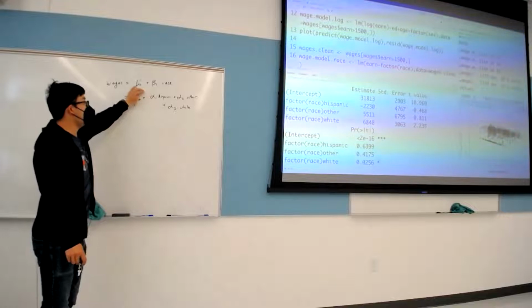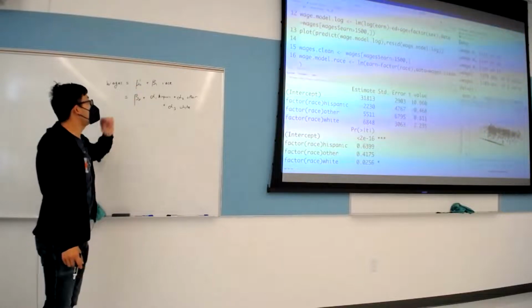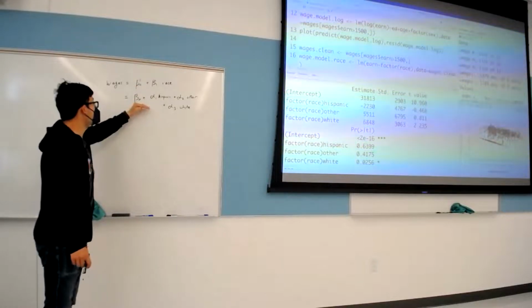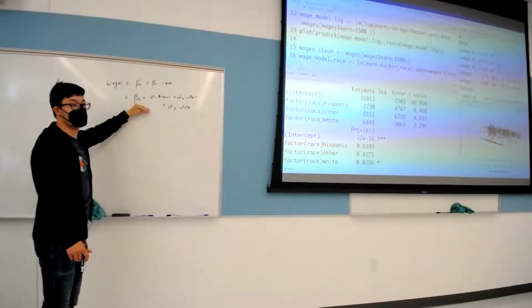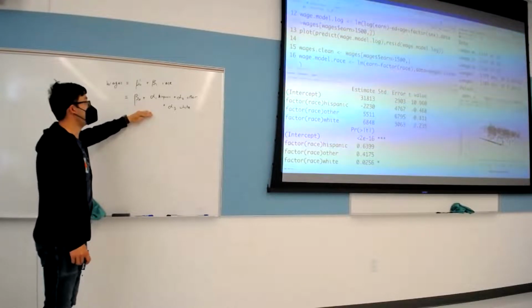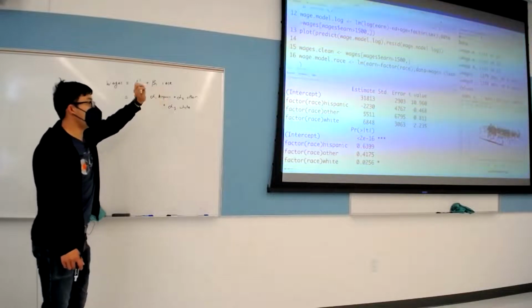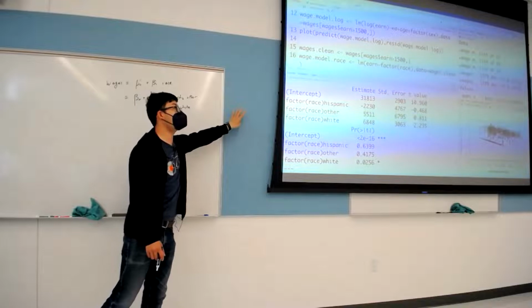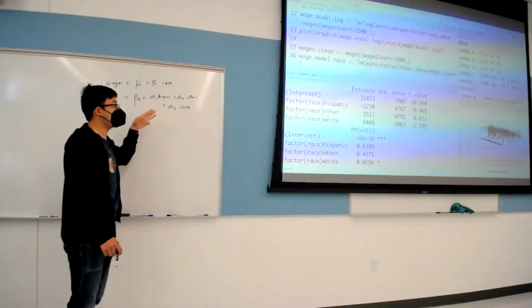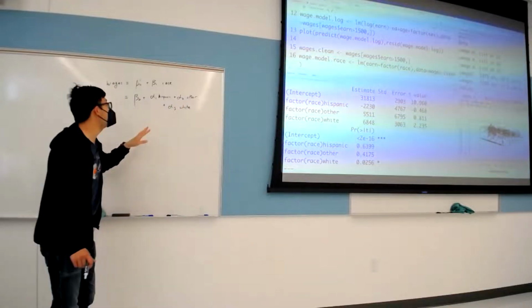So these are equivalent. This line is essentially what's happening behind the scenes. When you have race, you can take on effectively 3 different values, even though there's 4 levels.